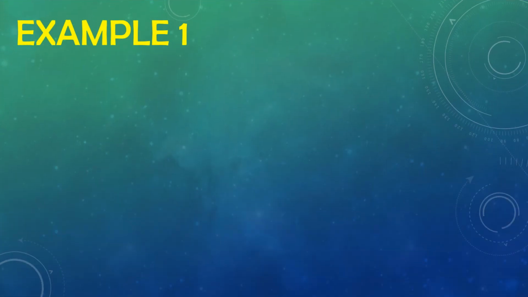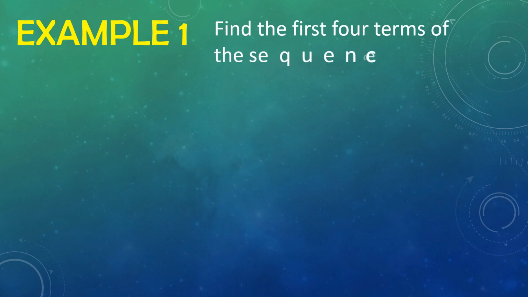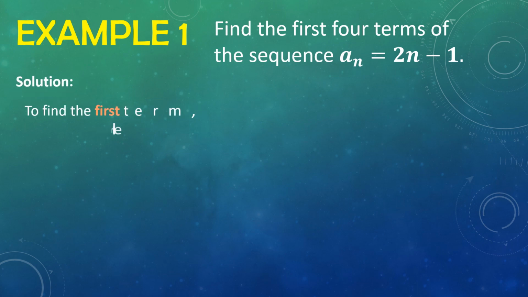Example number 1. Find the first 4 terms of the sequence a sub n is equal to 2n minus 1. Solution. To find the first term, let n equal 1. So, a sub n is equal to 2n minus 1.